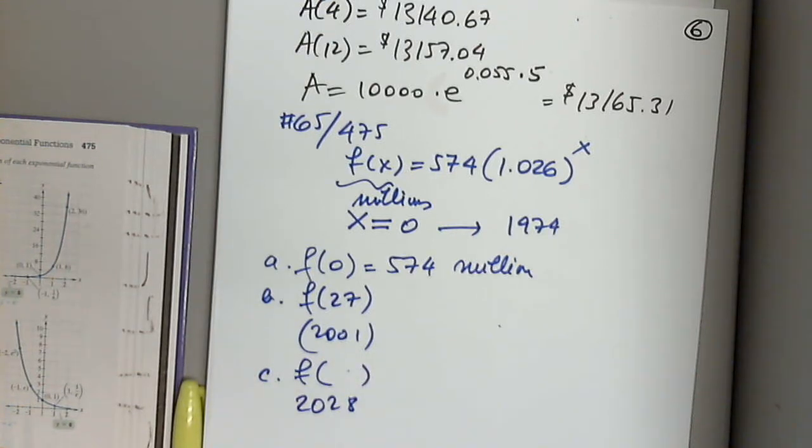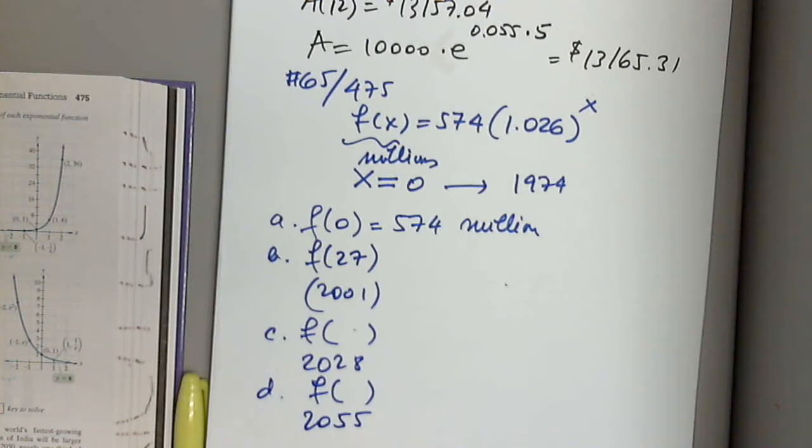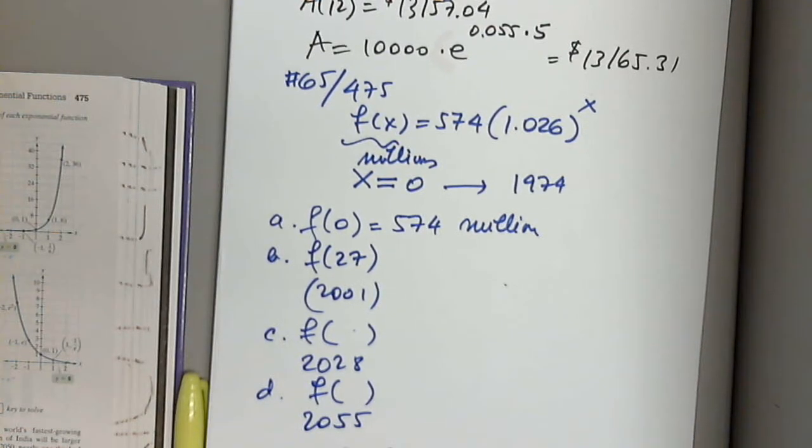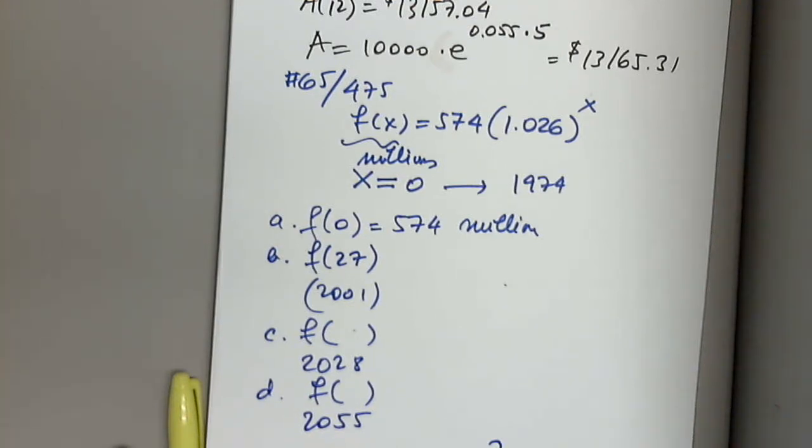Find India's population to the nearest million in the year 2055. And part E, what appears to be happening to India's population every 27 years? Okay. So now I can get rid of the book.